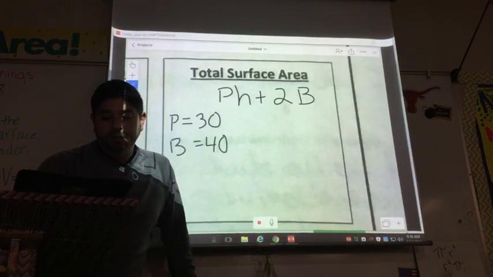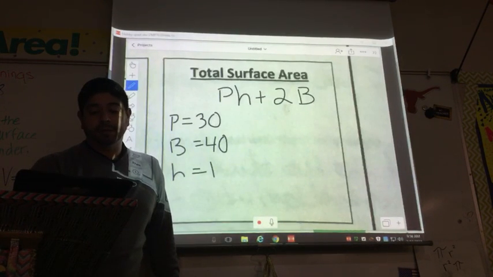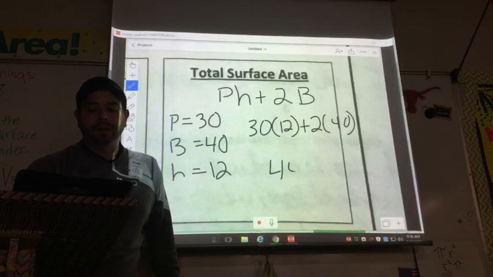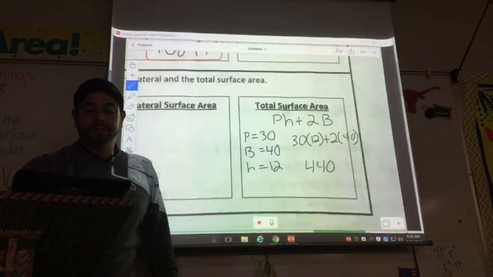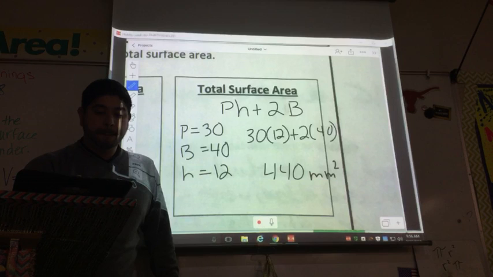And then what's the height? How tall is this triangular prism? So 30 times 12 plus 2 times 40. You should get 840 millimeters squared.